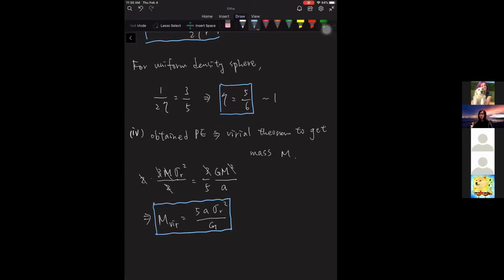You can see many of these equations in papers. So basically if we are assuming, let's say, a core of interstellar gas or something like that, and we assume it's a uniform density sphere, then we can derive its virial mass using these equations. Okay, so any question so far?